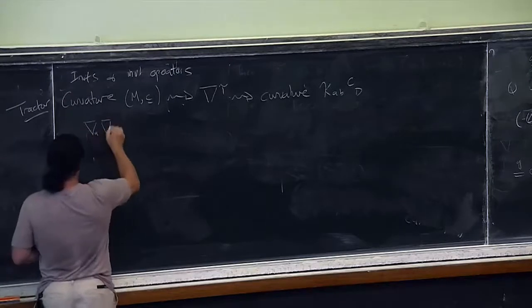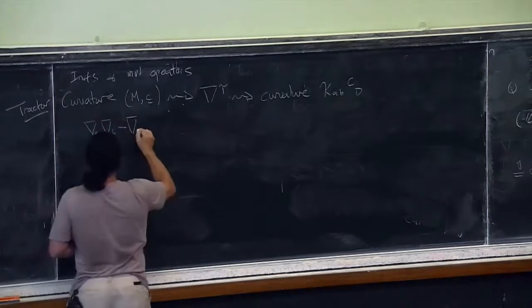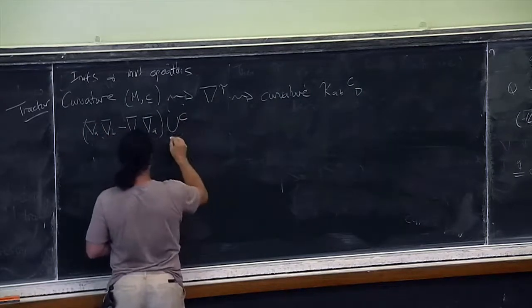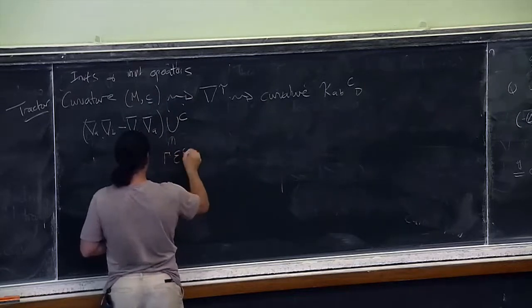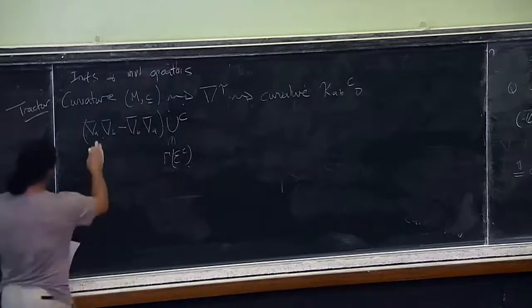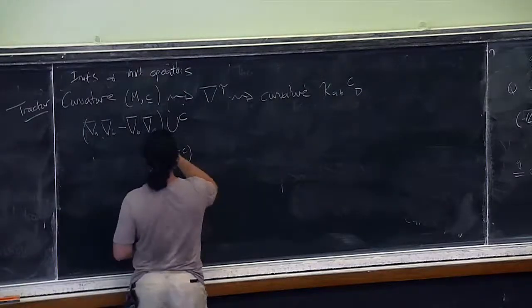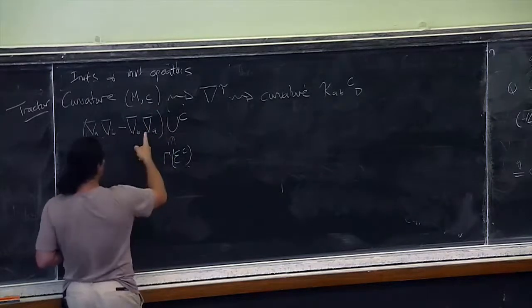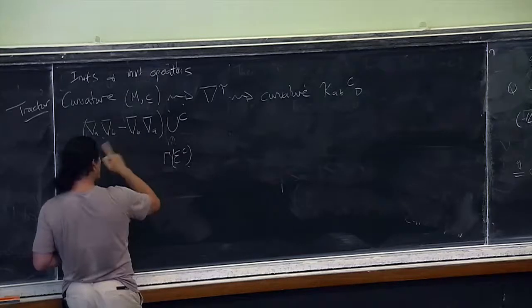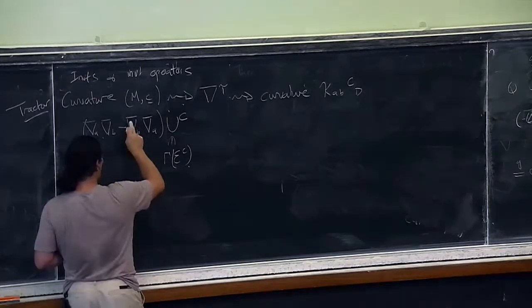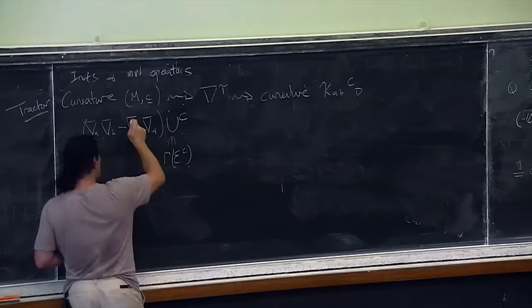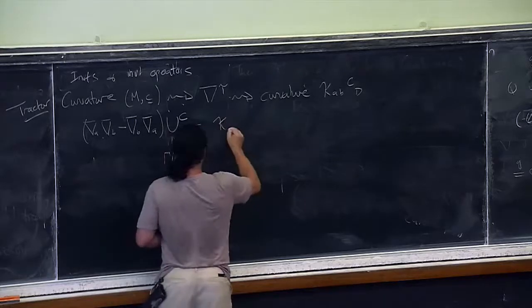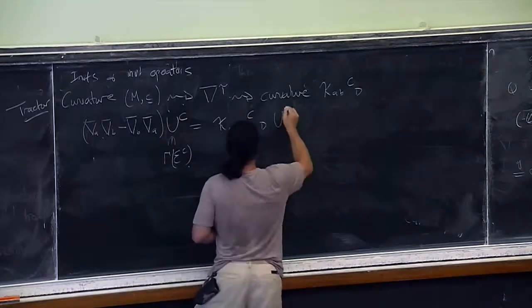Take some standard tractor, a section of the tractor bundle, and you just compute the commutator of the tractor covariant derivative. I'm not always writing this T on there, so by context this means the tractor connection coupled to the Levi-Civita connection, because when I differentiate here, this connection has to know about that one-form index, but think of it as a tractor connection.